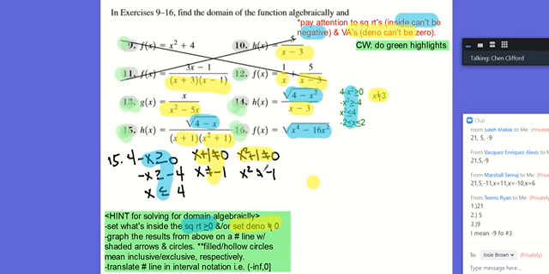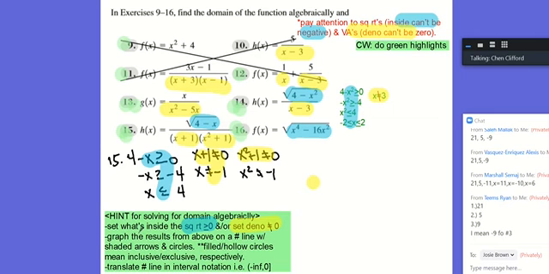A negative times itself is positive. A positive times itself is positive. So anything times itself is always going to give you a positive. This will never be the case, so this is a little bit redundant. You don't need to worry about that. So we finished with the first bullet point.